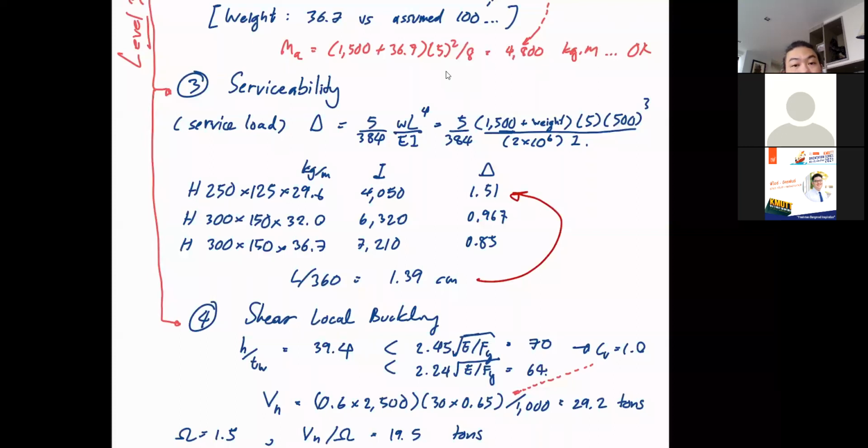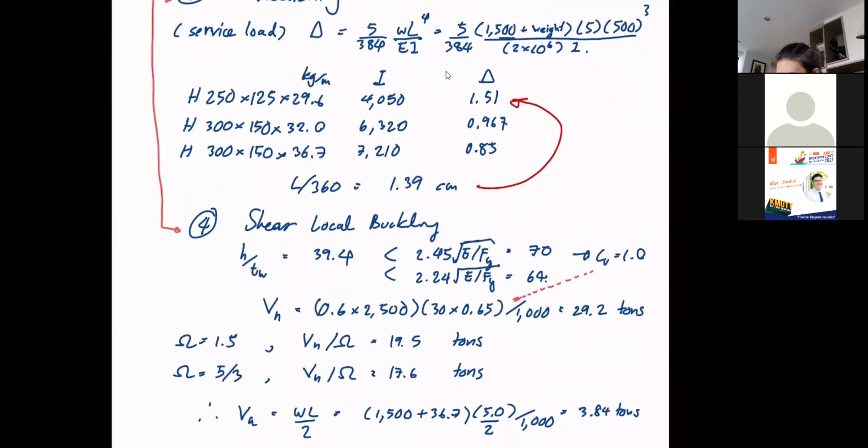Excuse me. For 0.65, where does it come from? In Vn, 30 times 0.65. This is the T web. Okay, let me write it down.